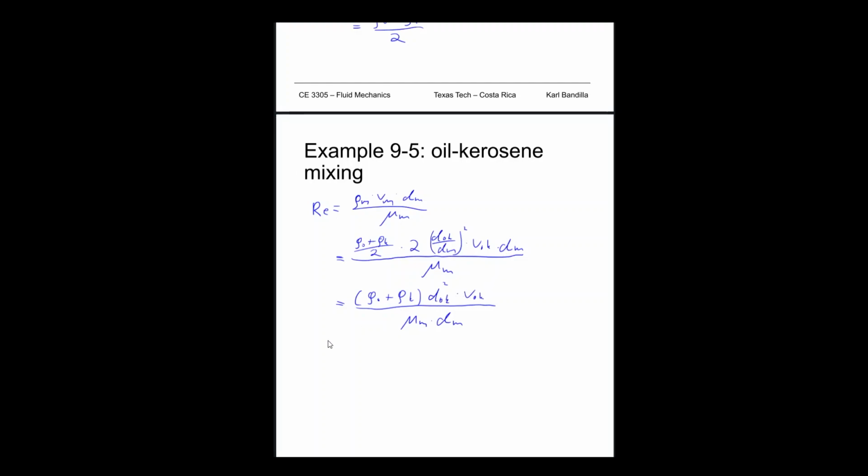All right, so that means we can now plug stuff in. So we have 880 kilograms per cubic meter plus 810 kilograms per cubic meter. Our diameter out there, this is DOK, so that is the smaller one, so that is 0.04 meters squared. The velocity coming in is 0.2 meters per second.